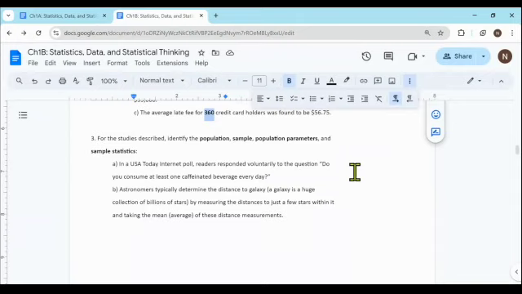Okay, then we need the sample. So the volunteers that responded to the survey. And the population parameter is, just a second. Okay, so the percentage of who had at least one caffeinated drink among all the readers. And the sample statistics?